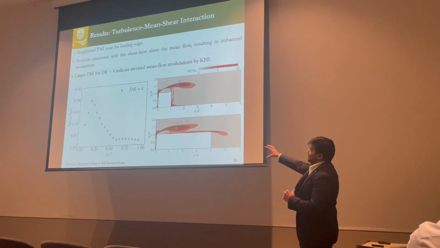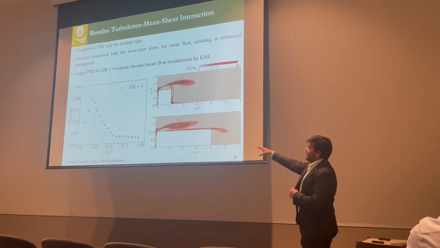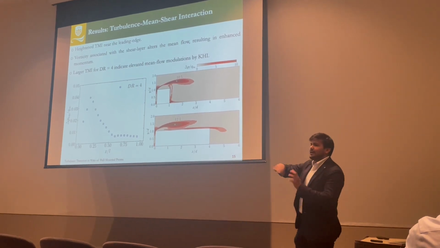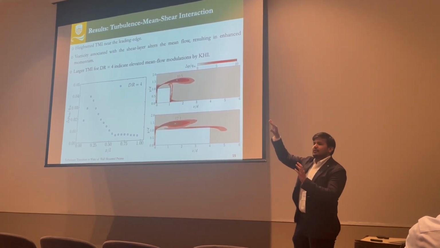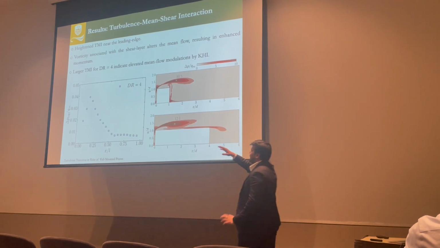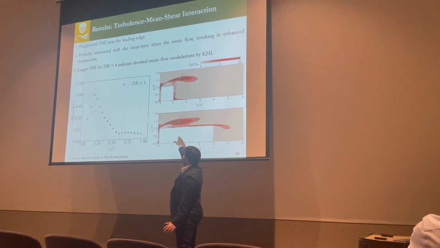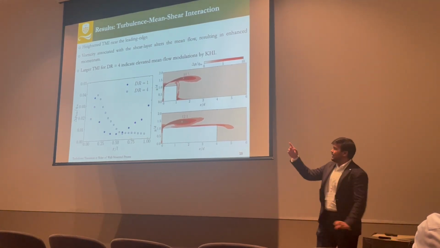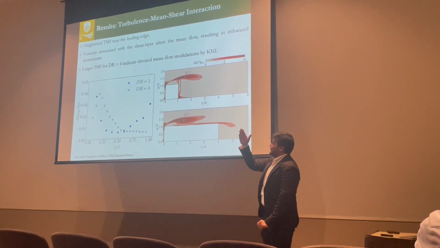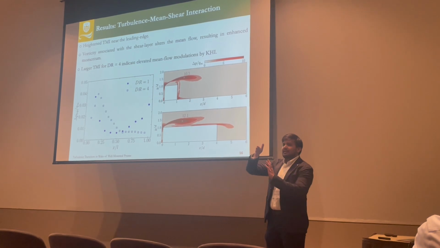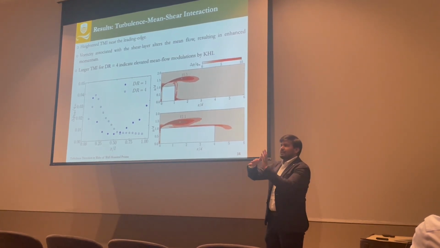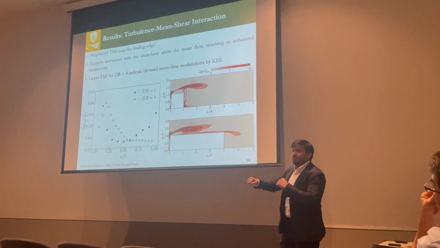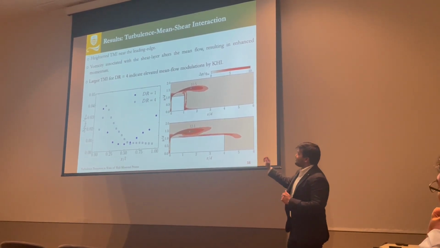In case of the long prism, we quantify it using the trends of the turbulence mean shear interaction. We find a sudden increase in turbulence mean shear interaction close to the leading edge. While for the short prism, we find an opposite trend. The turbulence mean interaction following that leading edge separation reduces and then increases back towards the wake where most of this activity happens.